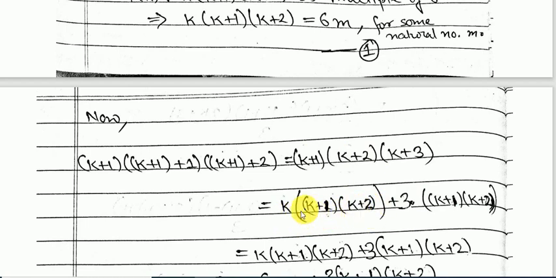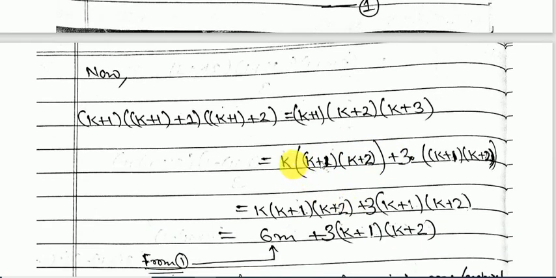By equation 1, this is equal to 6m. So in place of this, you can write 6m. And here you have got 3 into (k plus 1) into (k plus 2).